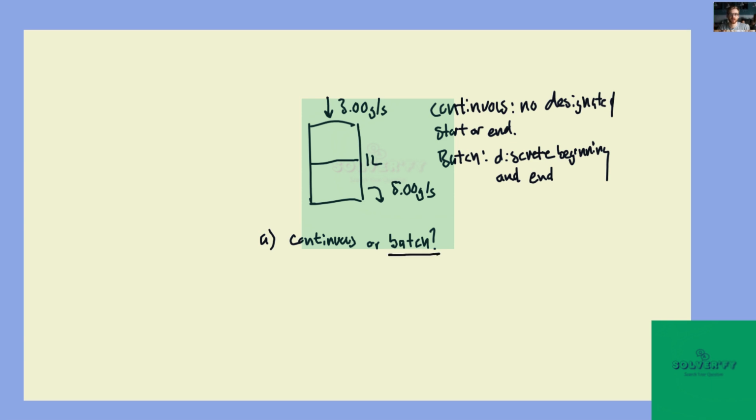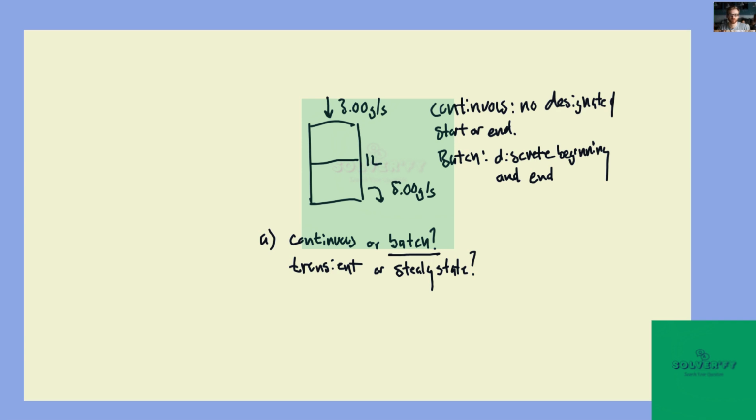So A is batch. And the second part is: is this transient or steady state? Okay, and this is in reference to the state of our system. That is, do we have a consistent water level? That would be steady state. Or does the water level change over time?